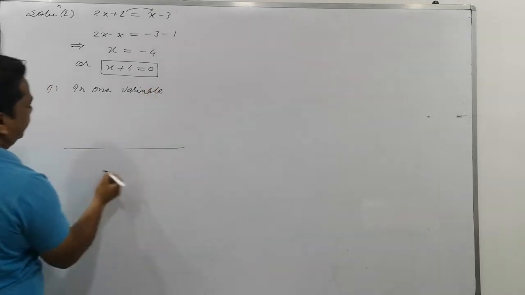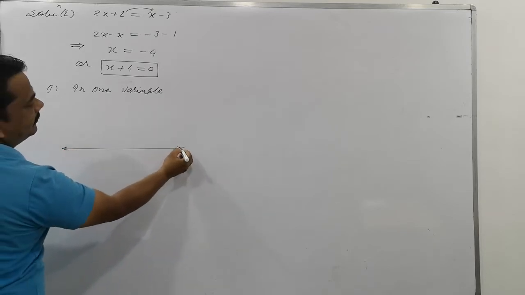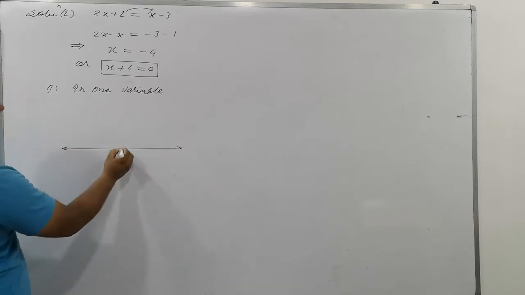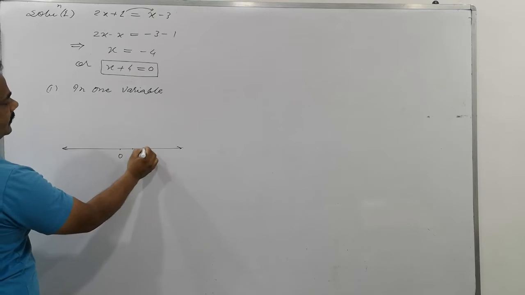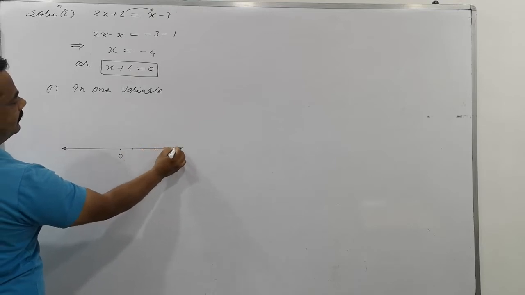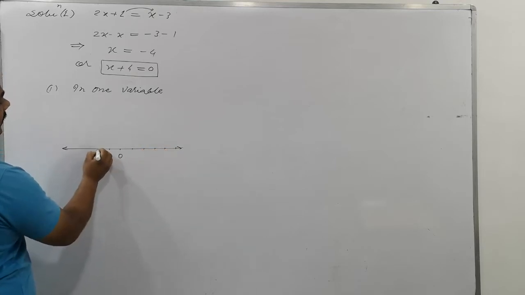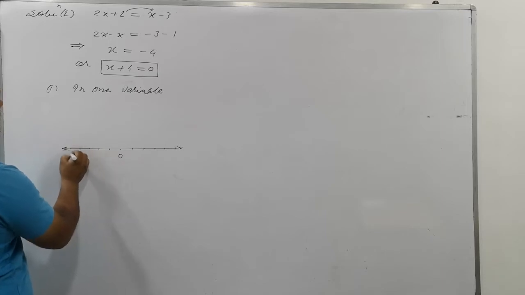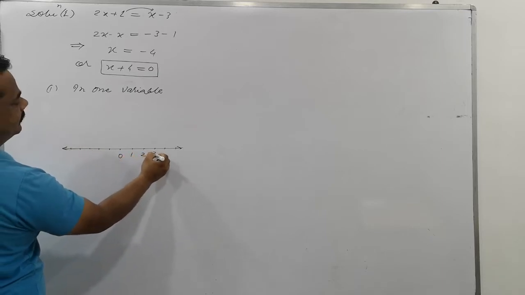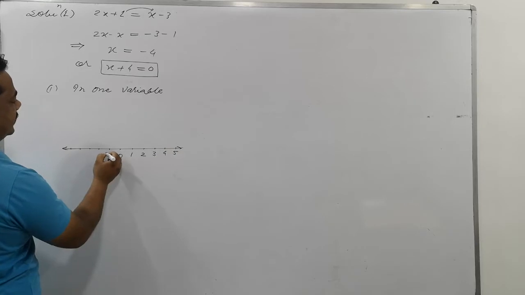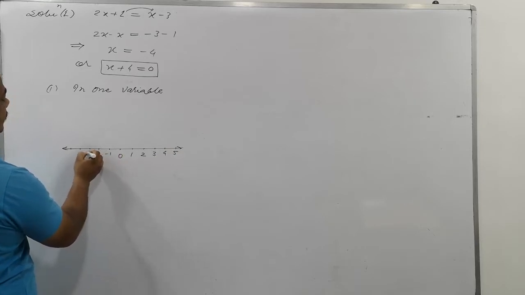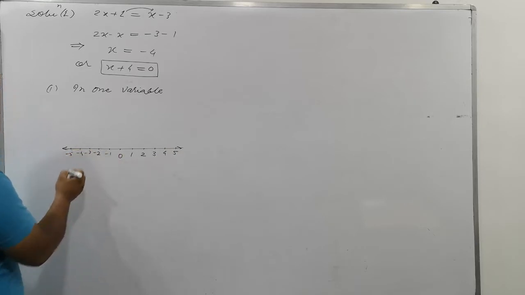This means obviously a number line will be drawn for this. Okay, and it's 0, 1, 2, 3, 4, 5, minus 1, minus 2, minus 3, minus 4, minus 5, and further. Is that clear or not? Yes, sir. Clear?